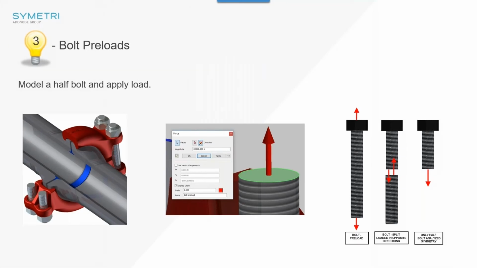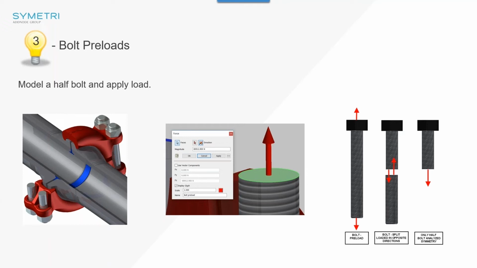And the other one, which I get asked a lot by customers, is can we apply torque to bolts inside Inventor Stress? Well, the answer is we don't have a button in Inventor Stress which allows you to apply a torque.